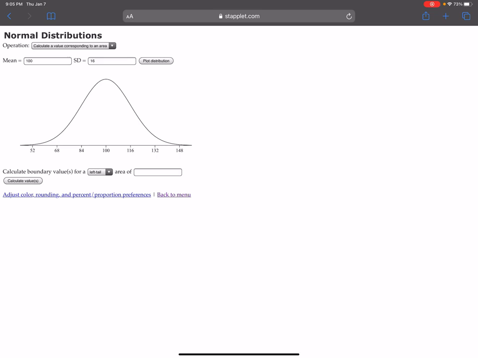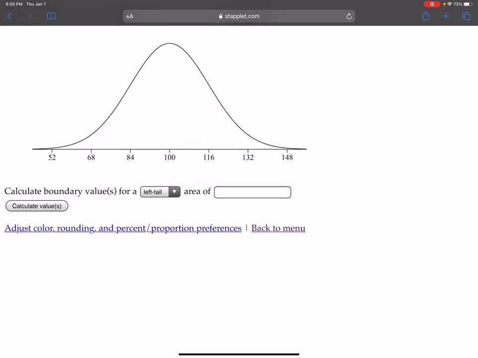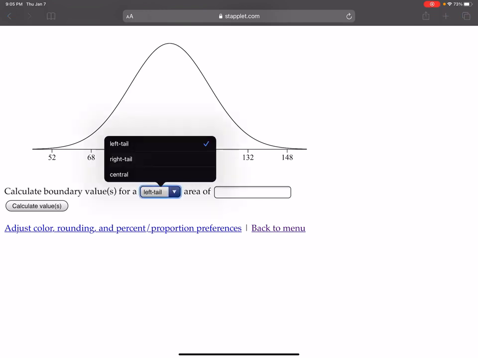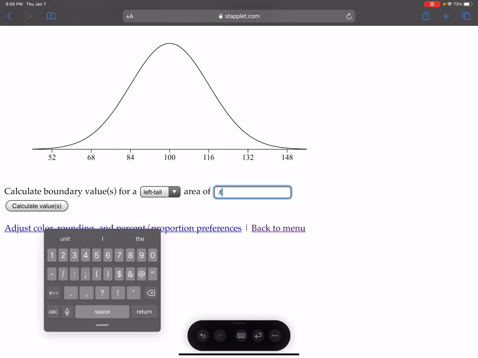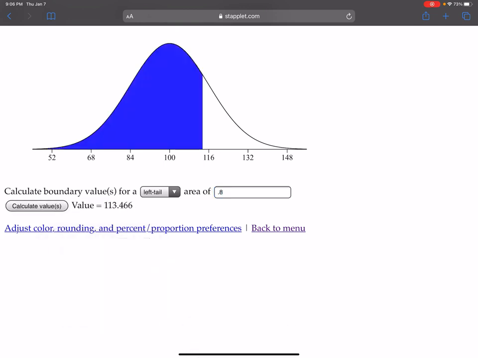And now what I'm going to look at is calculate boundary value. Now this pull down menu right here has left tail, right tail, and center. Left tail is when shading's to the left of a value, right tail is when shading's to the right, central is when you've got shading between two values. So of course I'm using left tail because this is a percentile, and the area of course is 80%. So I'm going to type in 0.8 and calculate the value.